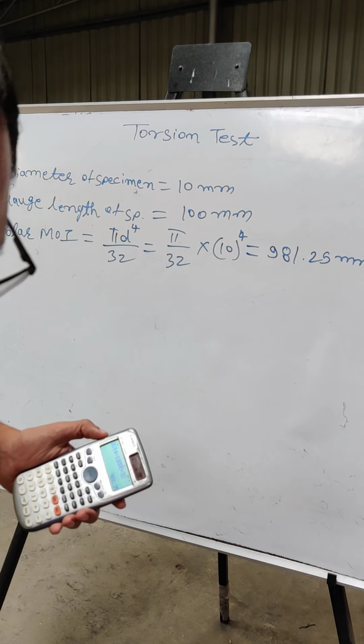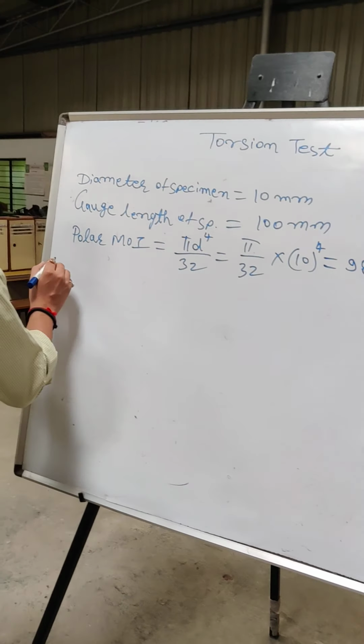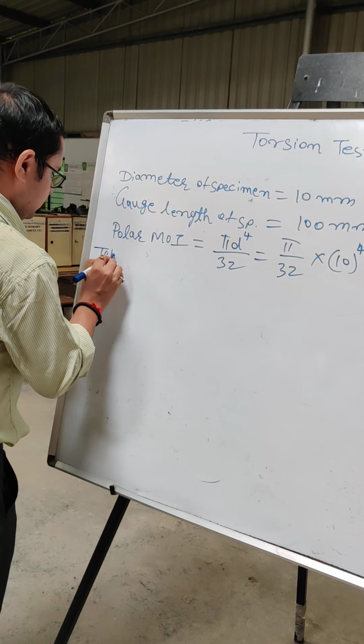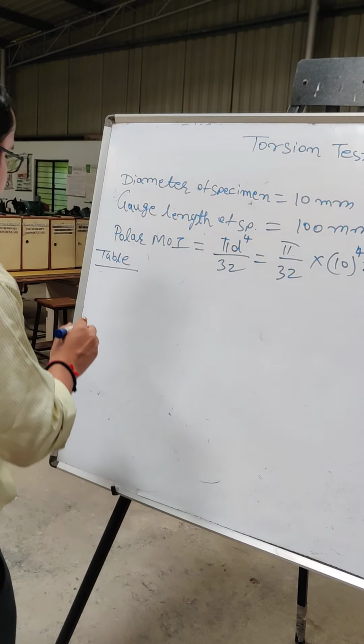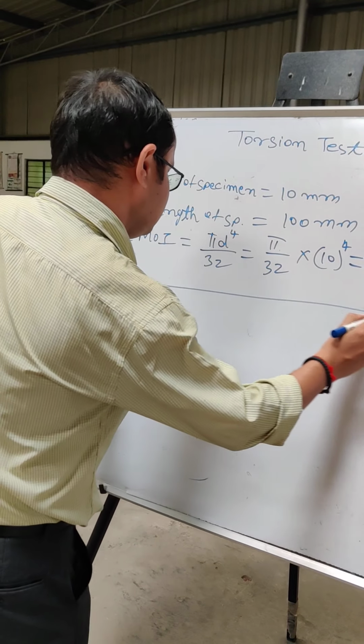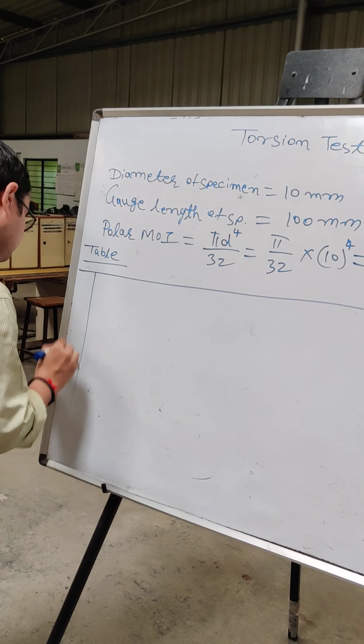Next, table. We have to draw a table. In the first column, serial number.